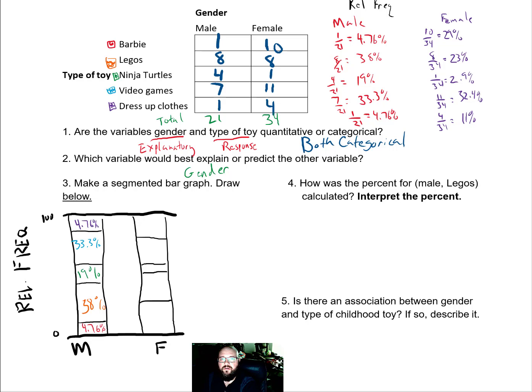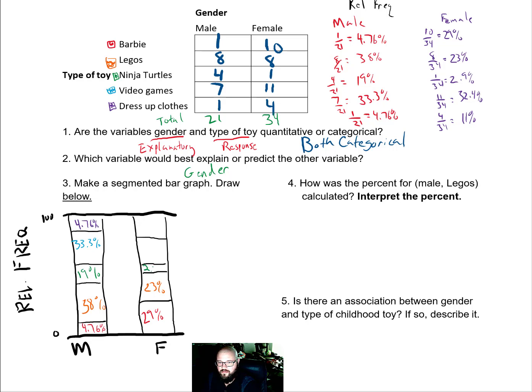Okay, so back to here with this one for 29. I went to orange for Legos, and we had 23. Then we had green, Ninja Turtles, and I had 2.9.